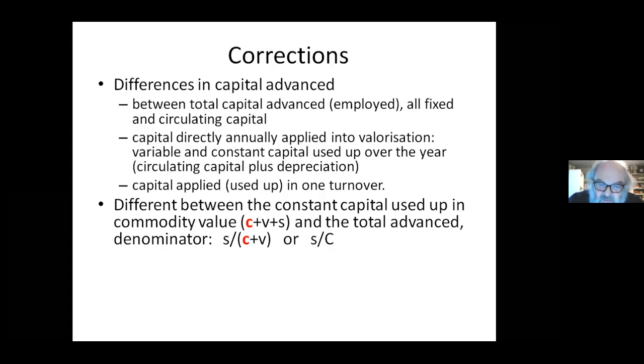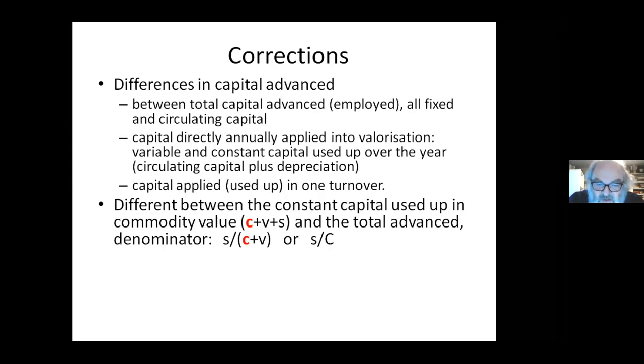And it's quite important, this, because it's a different amount than the value of the commodities that are produced in the year. And the notation that Marx uses is potentially misleading on this, because the small c of C plus V plus S, which we've become accustomed to, which is the C of the constant capital which is passed over to commodities when they're produced, is part of the value product.